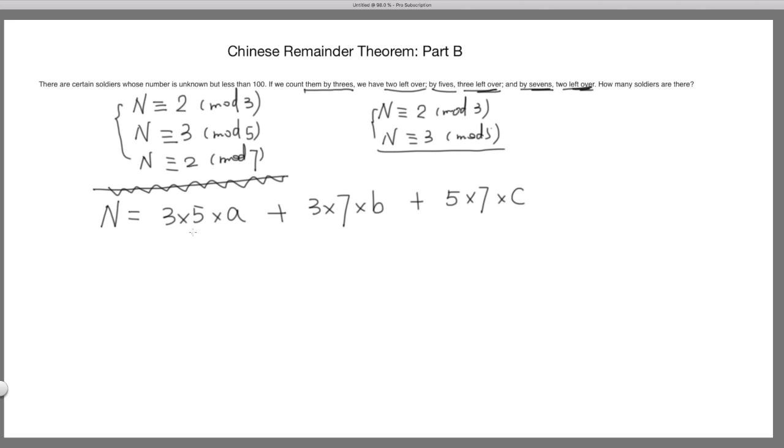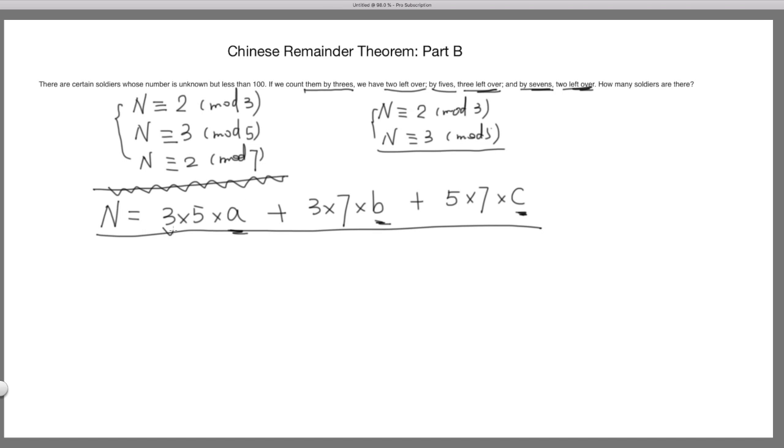We want to find a, b, c such that if you write this n, the n is going to satisfy the above 3 congruence equations, meaning that n is going to be congruent to 2 modulo 3, congruent to 3 modulo 5, and congruent to 2 modulo 7.